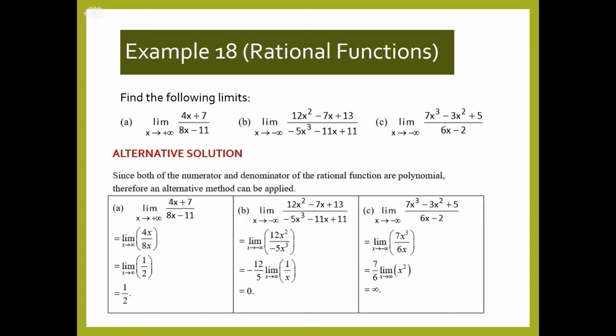Alternatively, you may also solve the limit of a rational function as x approaches infinity as follows. As both numerator and denominator are polynomials, we can just take the highest degree of x term and replace x with the corresponding value. You will get the same answer as stated in the first solution.